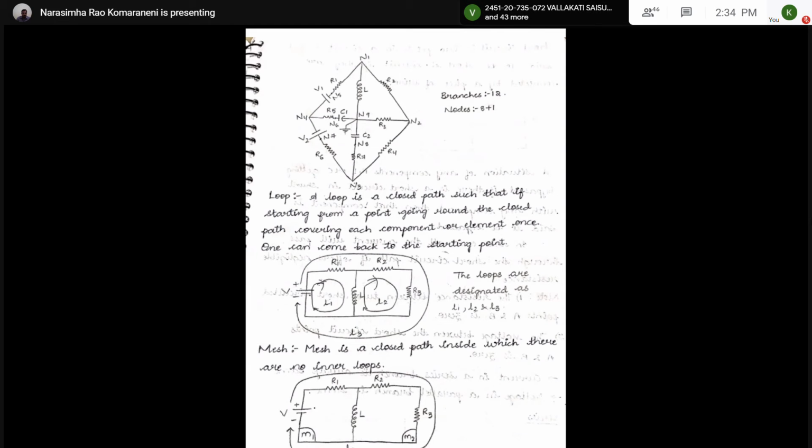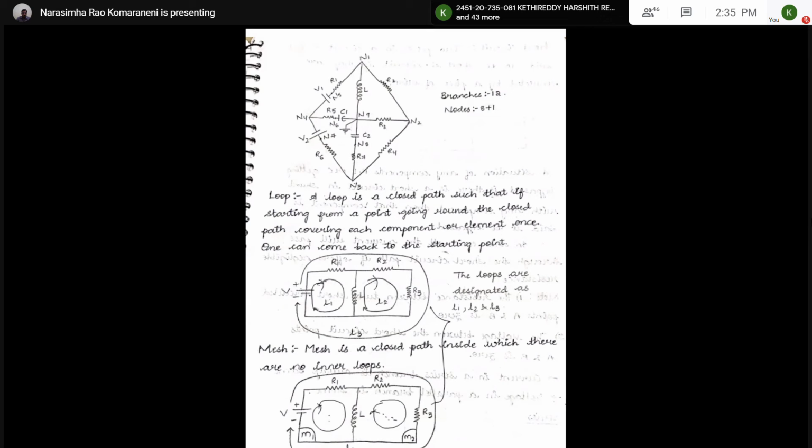Now see here, in these two circuits, this is a loop, this is also a loop.